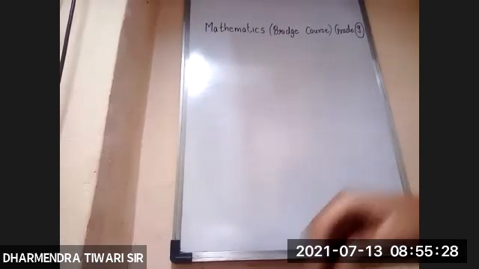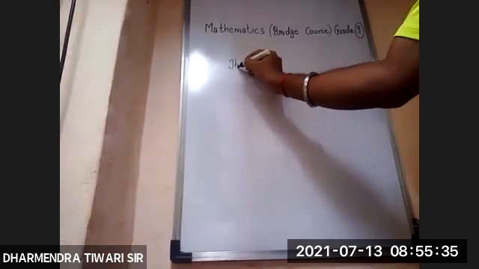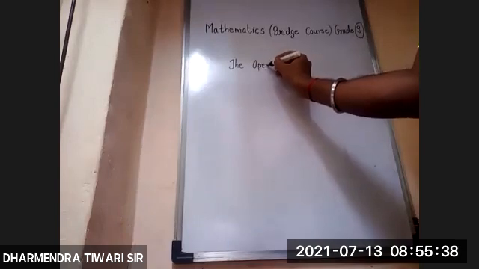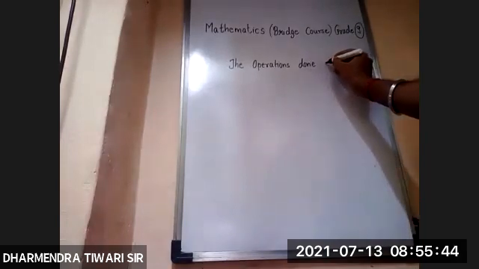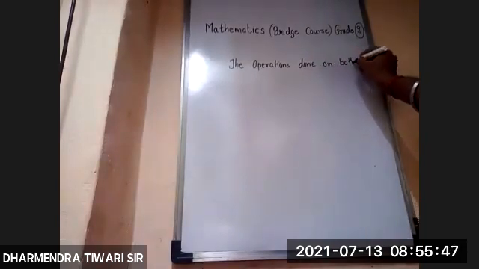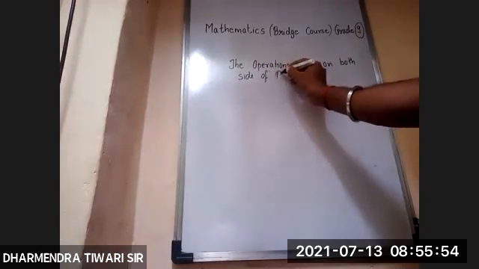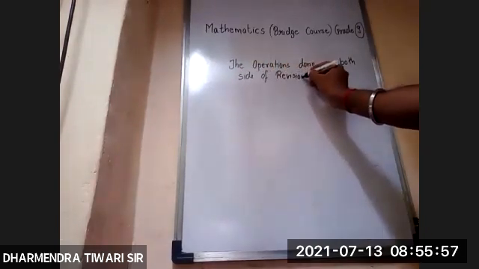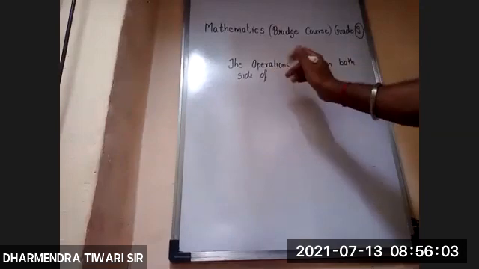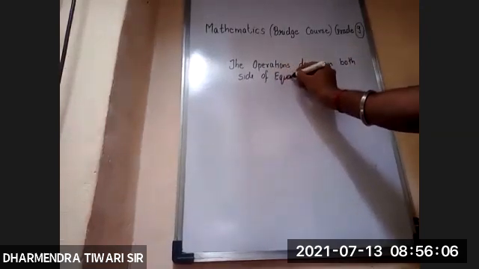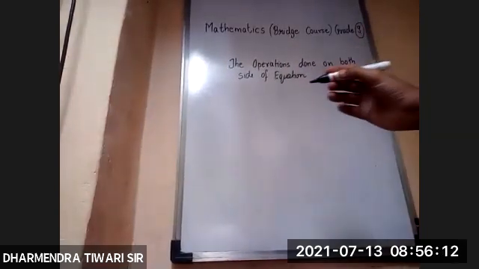Last time we have seen the operation done on both sides of the equation. In this, we have seen we can add the same number on both sides.